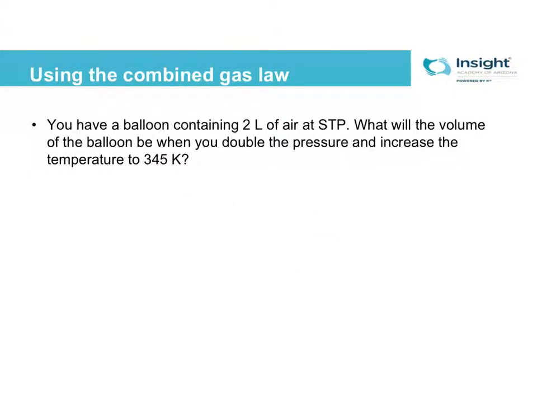So an example of when you might use the combined gas law is you have a balloon containing 2 liters of air at STP. What will the volume of the balloon be when you double the pressure and increase the temperature to 345 Kelvin? All right, so don't let this throw you off. What is STP?